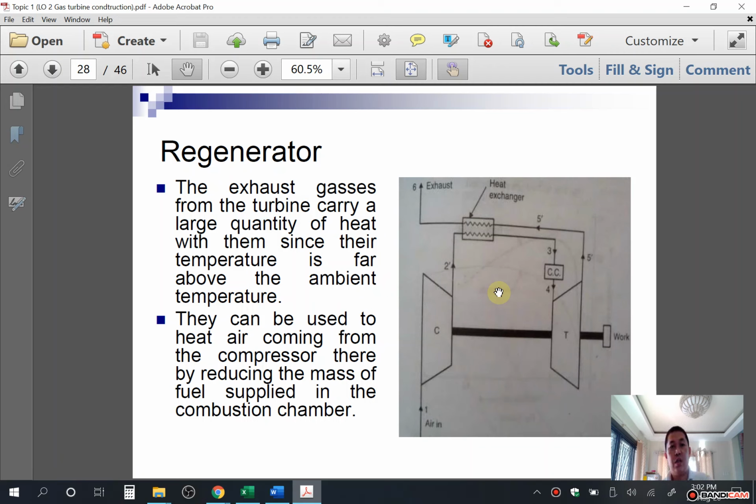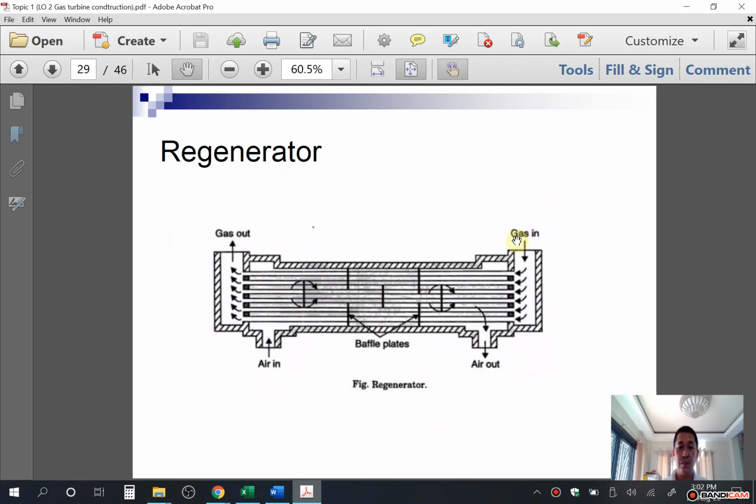So here, the regenerator is, so the exhaust gas is being cooled by the heat exchanger. So this one here, heat exchanger. So that is the regenerator.